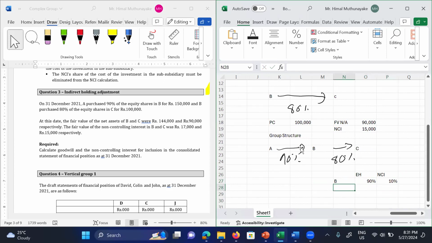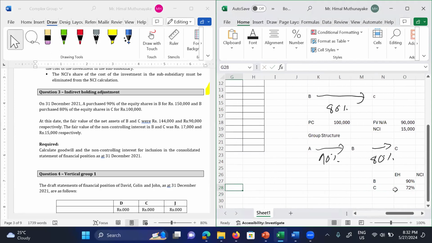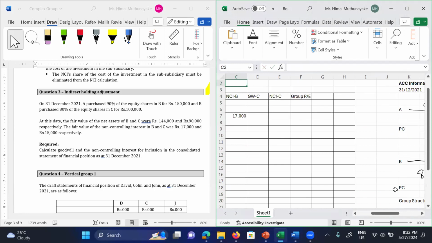But when it comes to company C, you need to get the effective holding: 90 multiplied by 80, that means 72%, and the NCI is 28%. Sorry, I was writing 38% by mistake, it is 28%. Right, so now effective holding is okay.